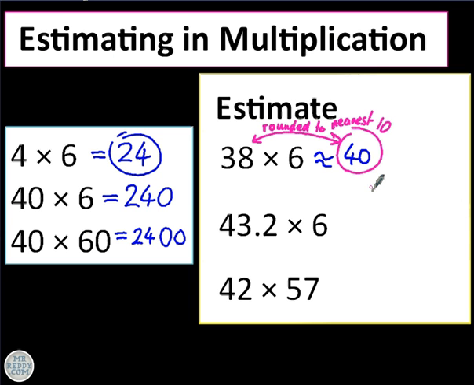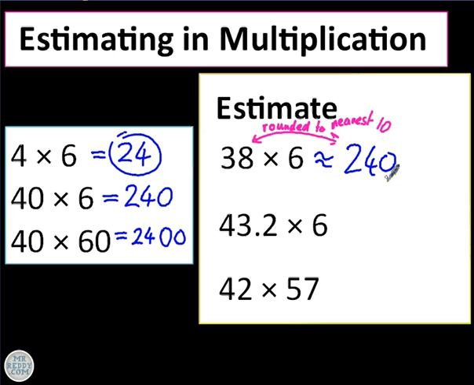Okay, and then we can continue to multiply by 6. What's 40 times 6? Oh, well, I've done that. That's easy. That's simply 240. Great, I use this fact here to help me estimate the answer to this. So a rough answer to 38 times 6 is 240.